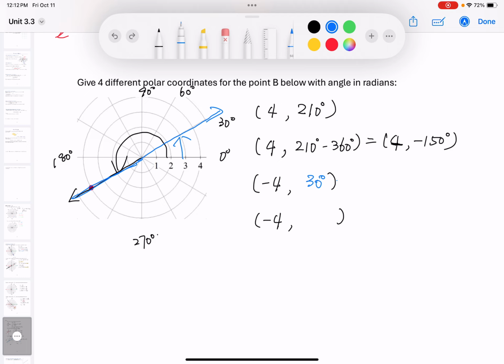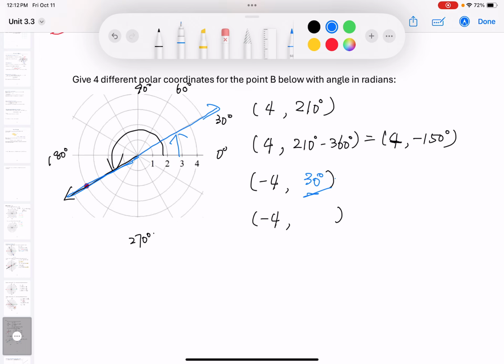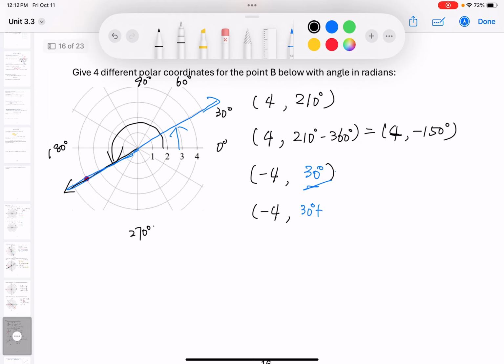And how about the coterminal of 30 degrees? I'm adding 360, because coterminal means plus 2 pi or minus 2 pi. So I'm adding or subtracting 360 degrees. So we have the point negative 4 comma negative 330 degrees.